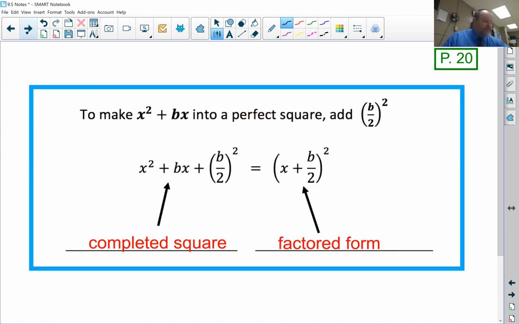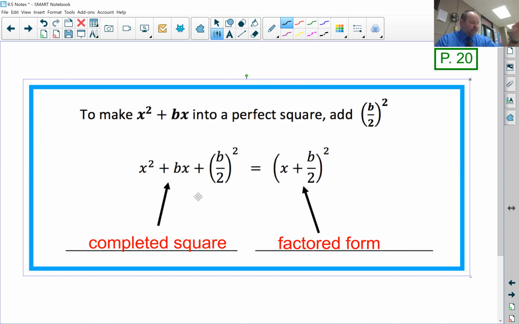All right, and here's the method. And I think it's pretty straightforward. If we have some part of an expression x squared plus bx, and we want to make it a perfect square, we take b divided by 2 and we square it. And we add that to the expression. So if you think back to the example we did right at the beginning, b was 6. 6 divided by 2 is 3, and then we square the 3 to get 9.